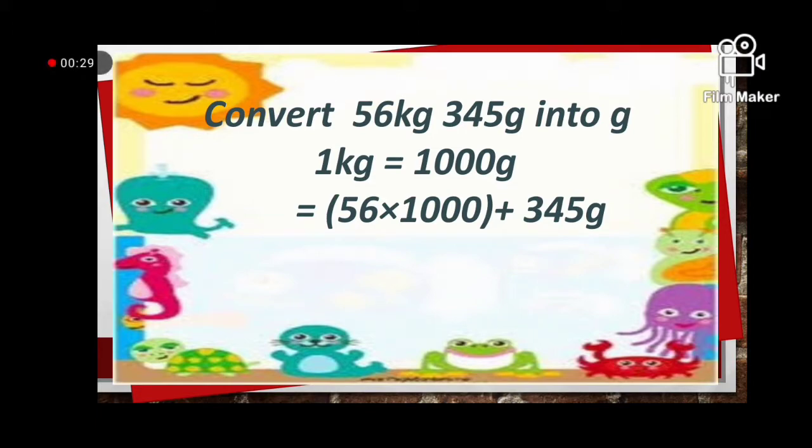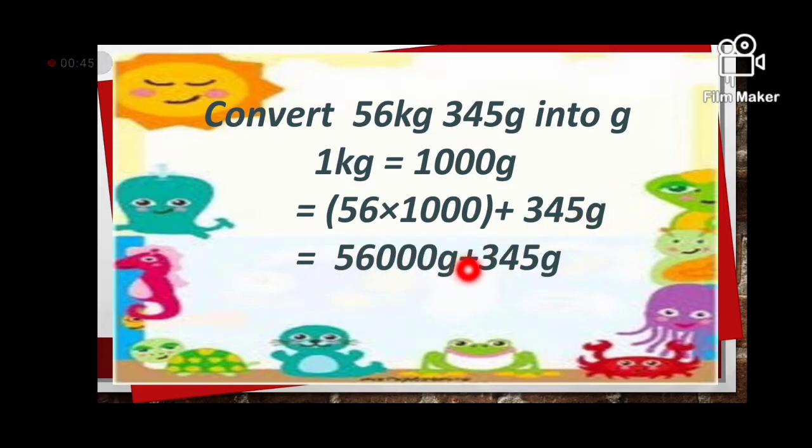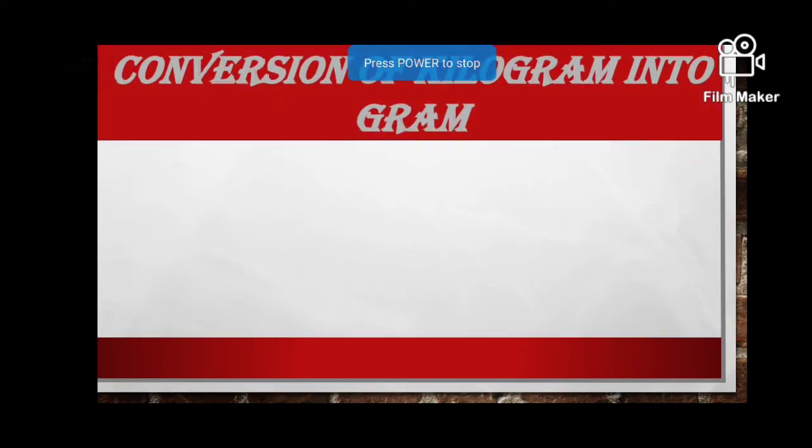So 56 kilogram is equal to 56 multiplied by 1000, and we will add the grams. 56 multiplied by 1000, we will get 56,000 grams, and then we will add 345 grams. And the answer is 56,345 grams.